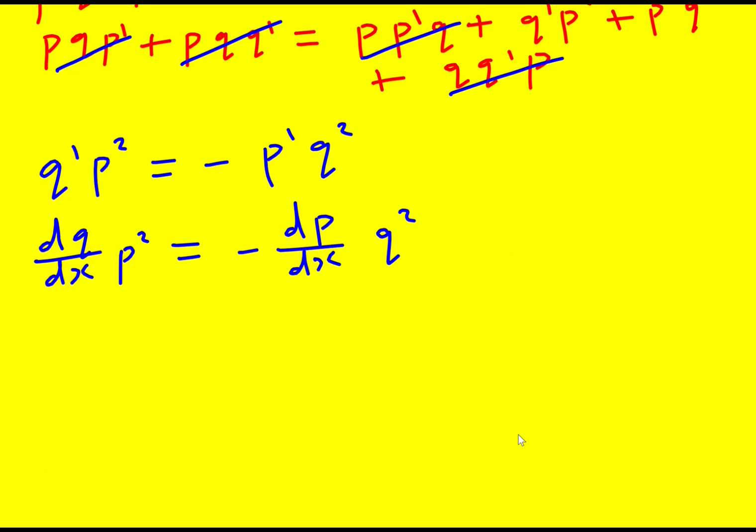Well, I can't really do anything with that yet. I can't integrate both sides. But what we can do is essentially the same as separation of variables. I can get the p's all on the right hand side and the q's all on the left hand side.